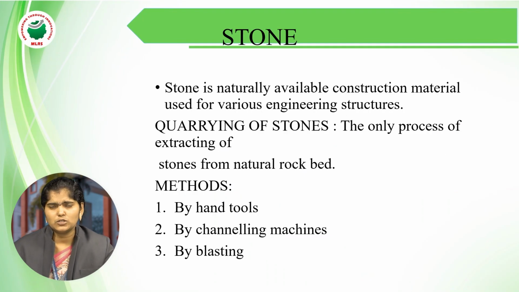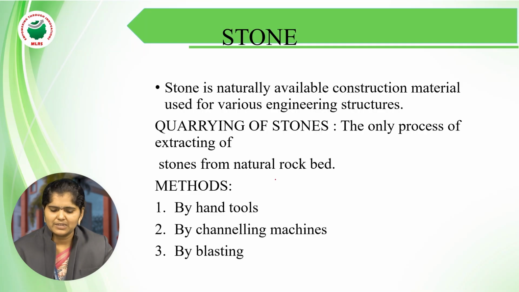So first, stone. Stone is a naturally available construction material used for various engineering structures. Mostly we use stones for basement purposes, foundation level, and for walls, for a natural appearance.